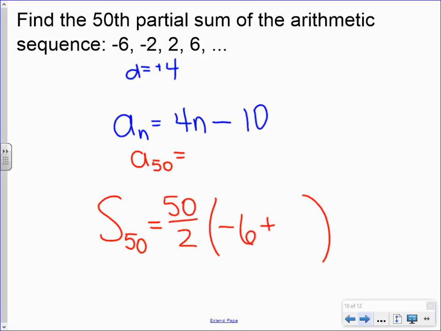When we plug in 50, Connor, what is our term? Can you tell me how you got that? 4 times 50 is 200 minus 10, 190. Okay, I like that. See, you talked through it, figured it out.